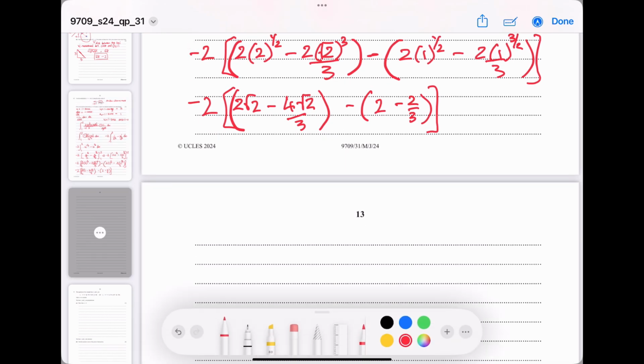So we've got 2 root 2 minus 4 root 2 over 3, and 2 minus 2/3, which is minus 4 over 3.